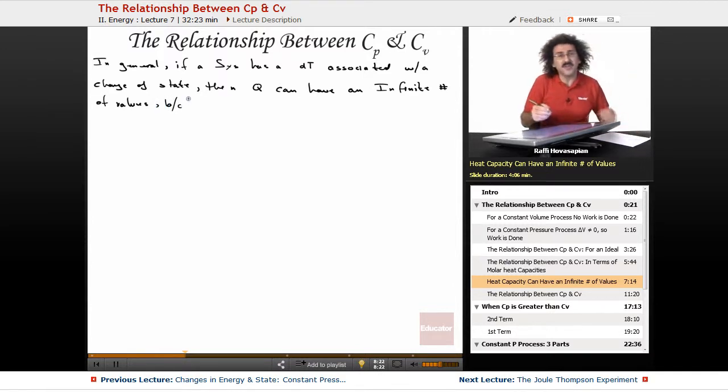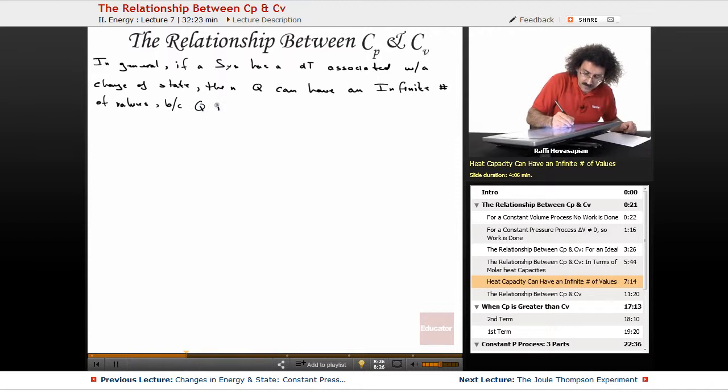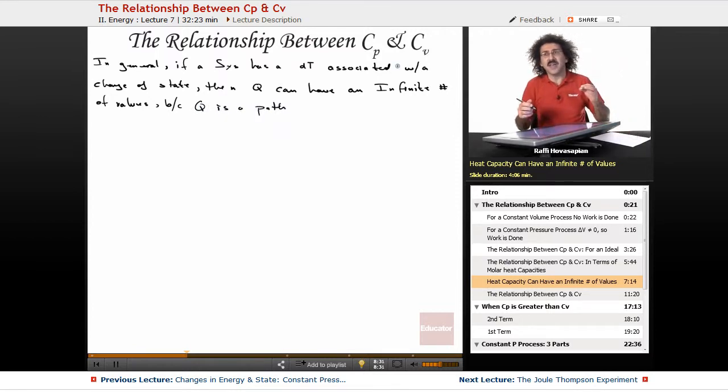And this is so because heat, Q, is a path function. Temperature is a state function.